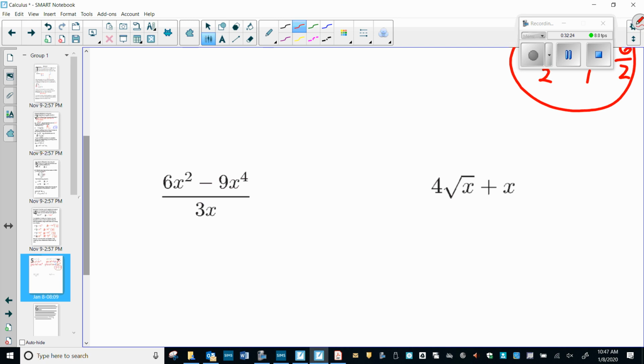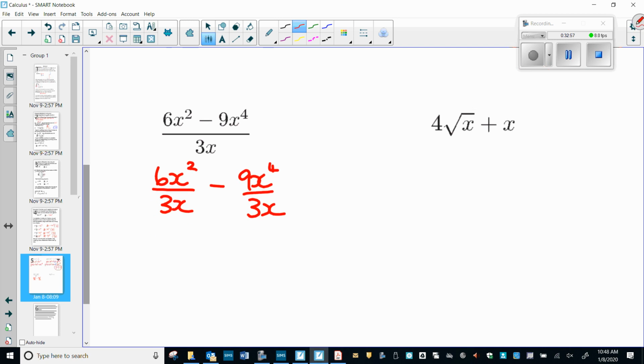So this expression here would be split by having 6x squared over 3x minus 9x to the 4 over 3x. Okay, so all I've done is I've taken both terms of the top. I know that they both have the same denominator, and so I've just literally split them, writing that same denominator for both terms.